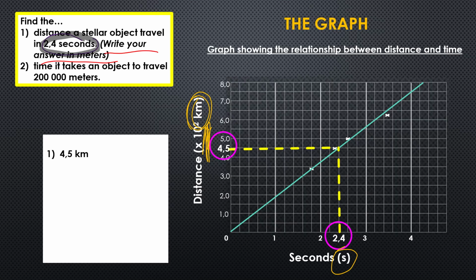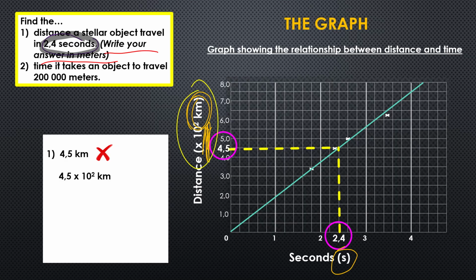Now the question is, is the answer 4,5 kilometers? Well, it is not, because you have to apply the times 10 to the power 2, and the question clearly instructed you to write your answer in meters. So we need to move a little bit further with this 4,5.